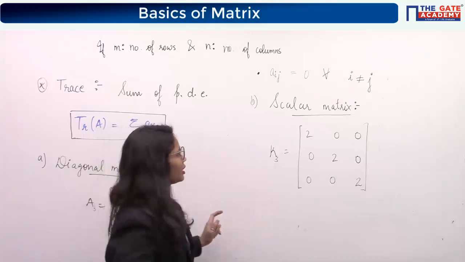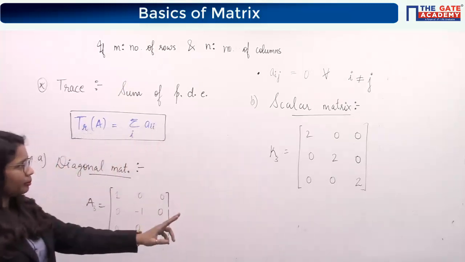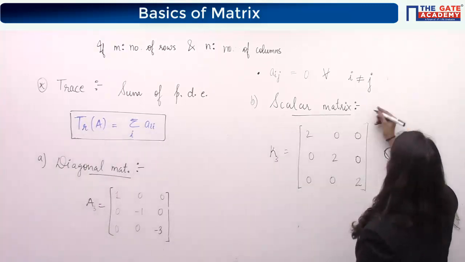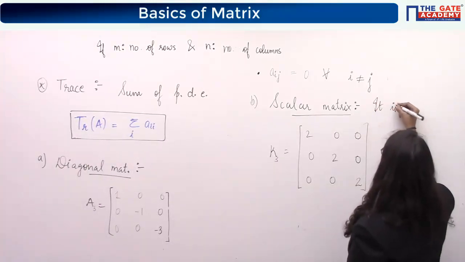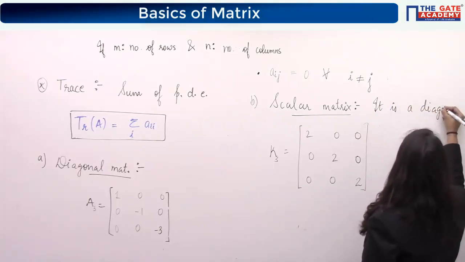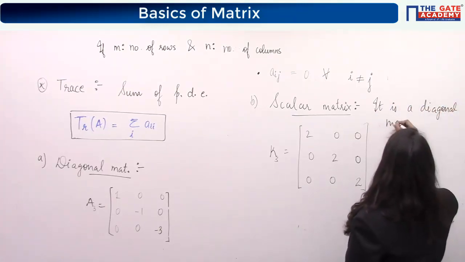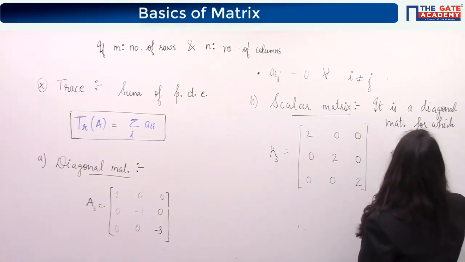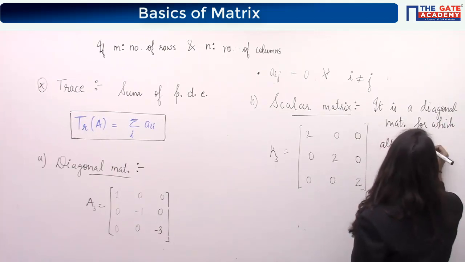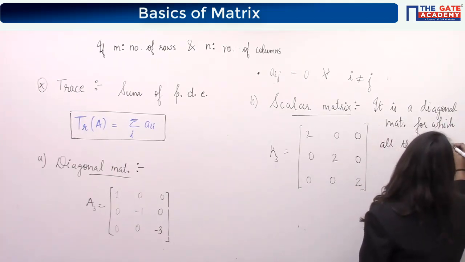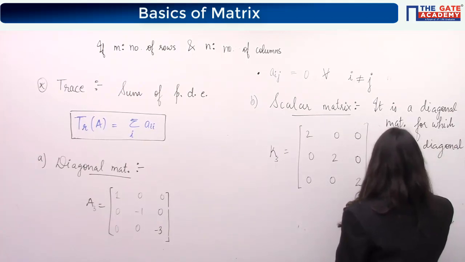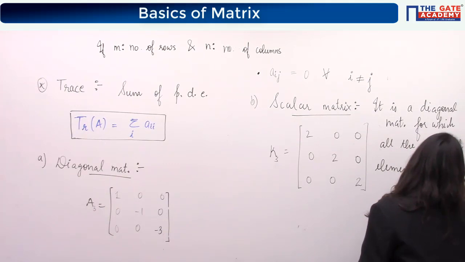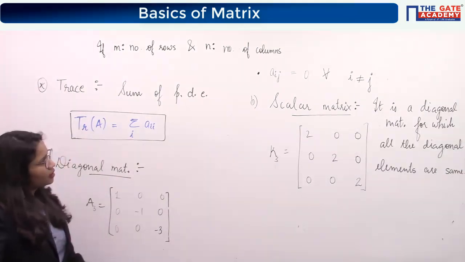It will be a diagonal matrix for which the diagonal elements are the same. Okay, so write down the definition. It is a diagonal matrix for which all the diagonal elements are the same. So it is the scalar matrix.